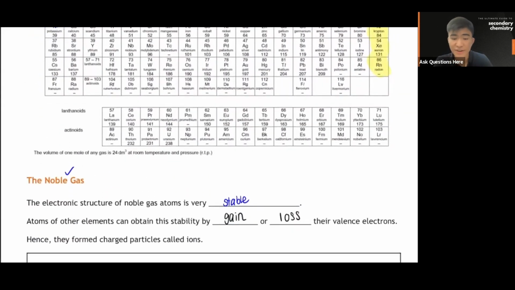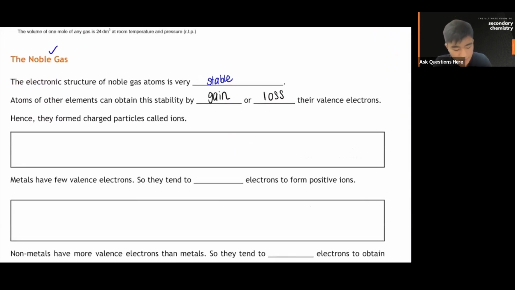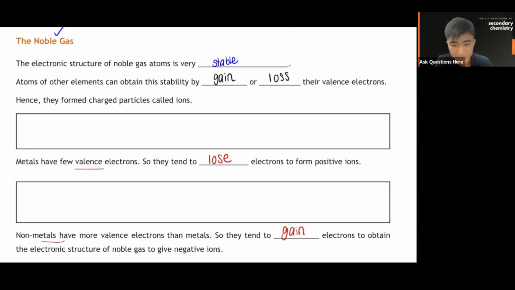So this relationship is very important. Metals have a few valence electrons, so they tend to lose electrons to form positive ions. Whilst non-metals have more valence electrons than metals, so they tend to gain electrons to obtain the stable electronic configuration.